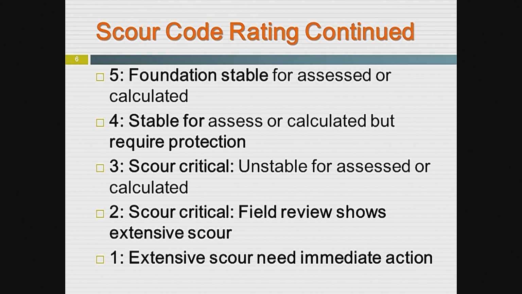So that's why we were very concerned when we got these changes. And then, of course, we have to see if that scour is extensive enough to be worried about. And of course, one is just really bad, and you got to deal with it right now or close the bridge. So that gets pretty serious.